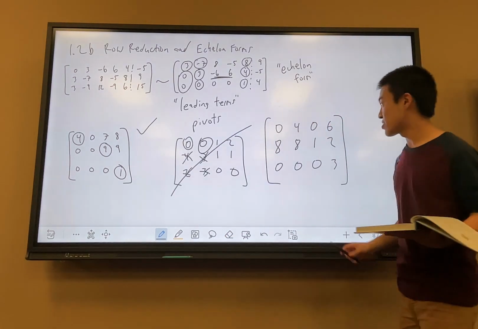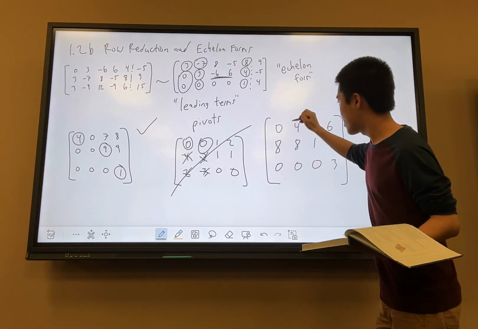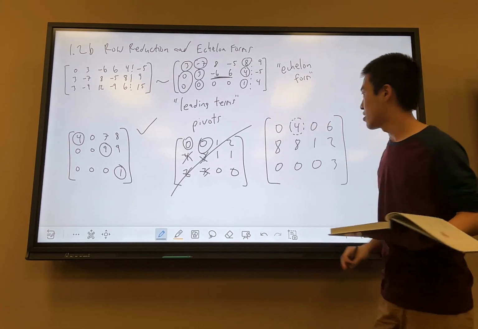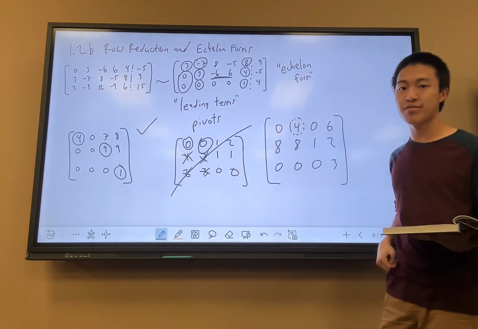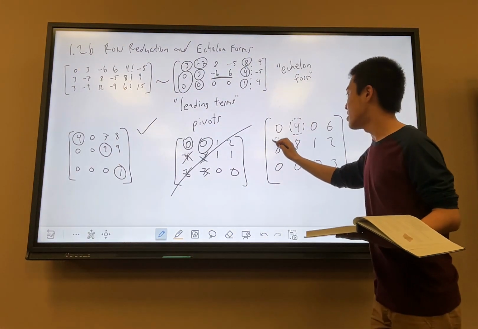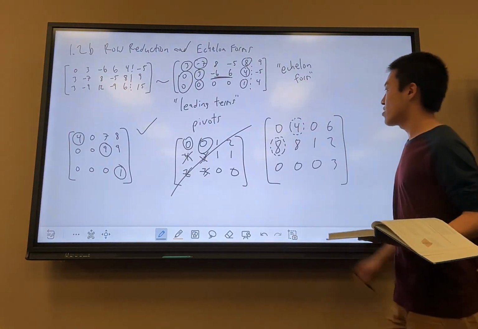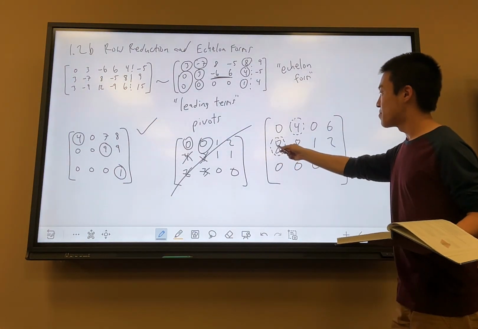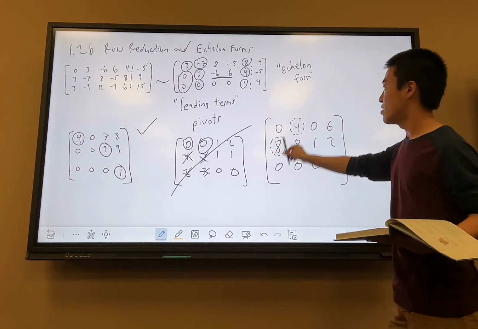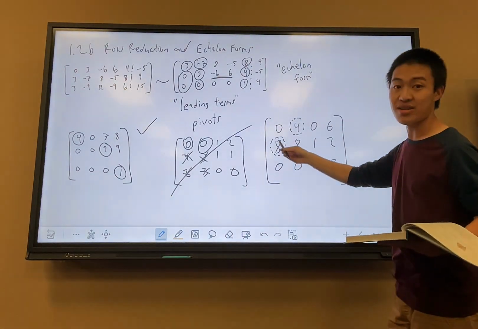So if I look at this, my leading term on the top row is this 4 right here, because that's the leftmost non-zero entry. Only problem is if I go down to the second row, this is the leftmost non-zero entry. Okay, well that's fine and all. The only problem is this is in a column to the left of the row above it.